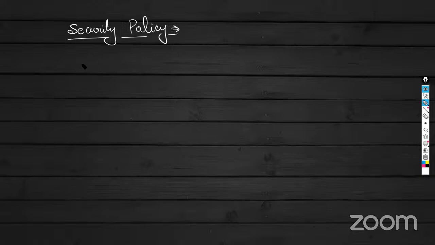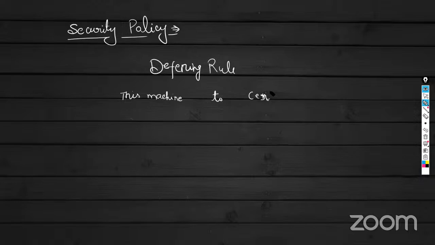So the very first thing: what is a security policy? A security policy is where you are defining a rule from this machine to a certain machine.